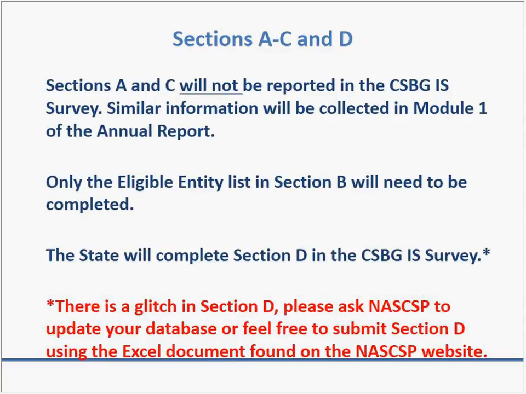So we have fixed many states' databases. If you have not had your database fixed and would like it fixed, please send it back to us at NASCSP and we'll make that correction. Otherwise, you are also welcome to submit Section D using the Excel document found on the NASCSP website.